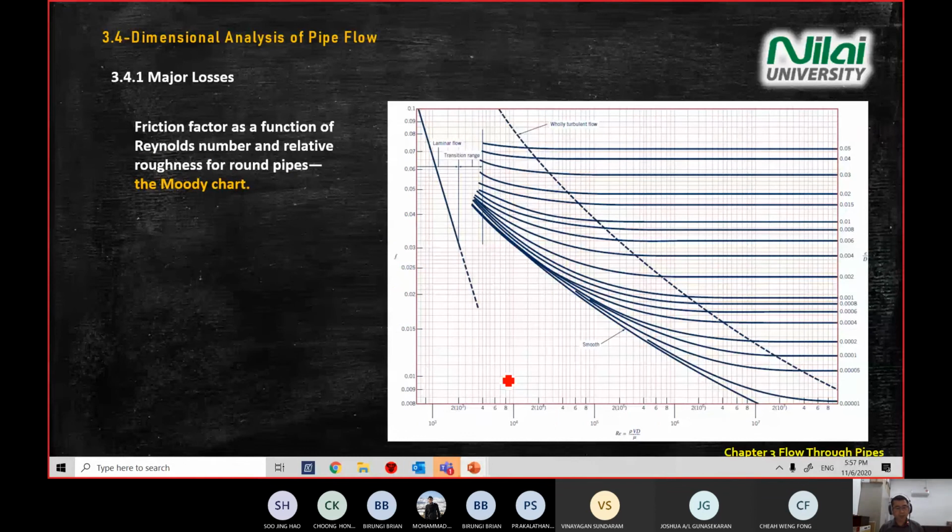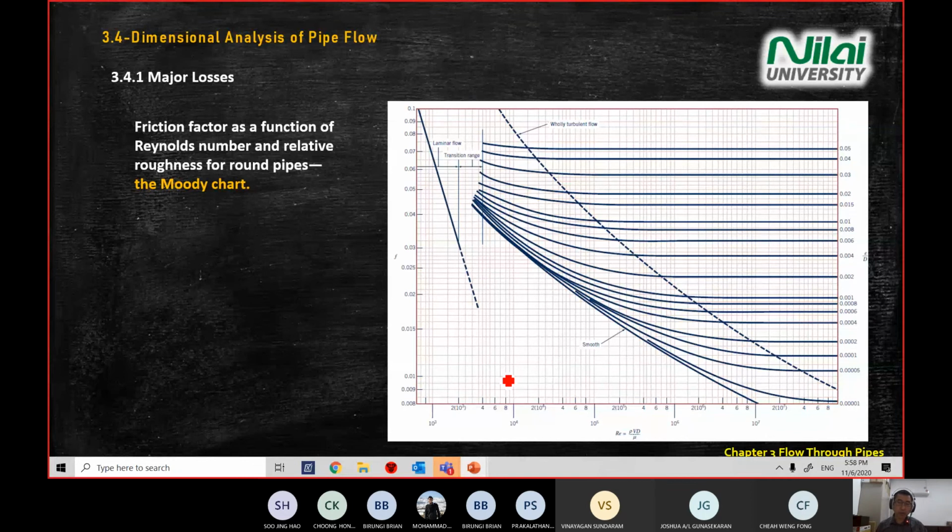And the famous chart that you will see for this module, we call it the Moody chart, which is on your page 13, above question 36. This is a chart that we will use to solve chapter 3 questions and even some questions later on.